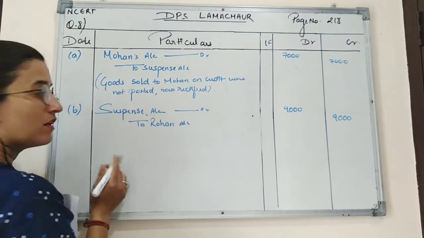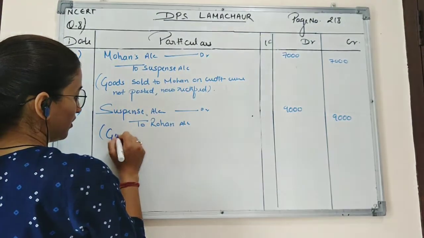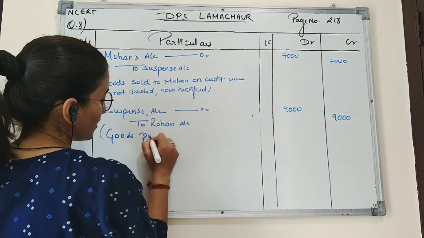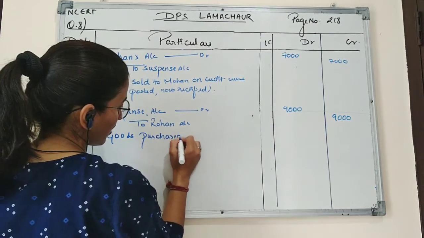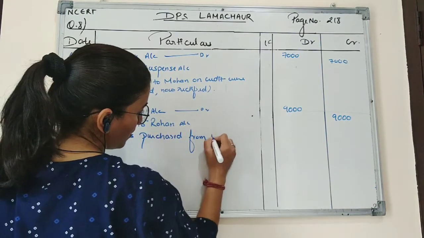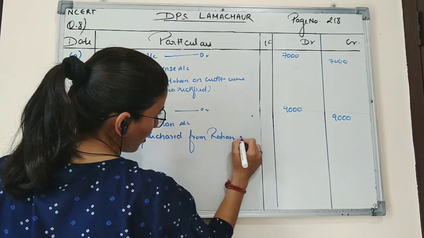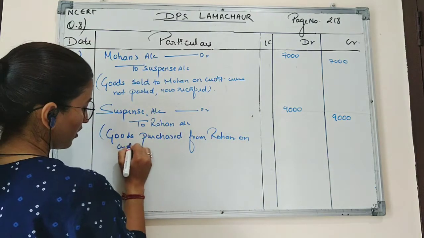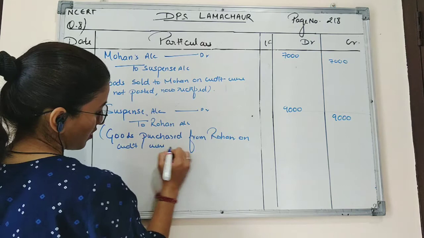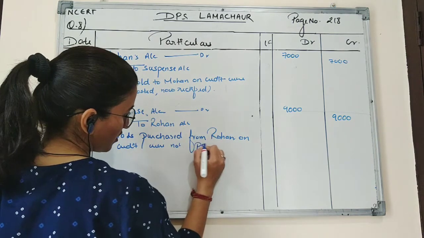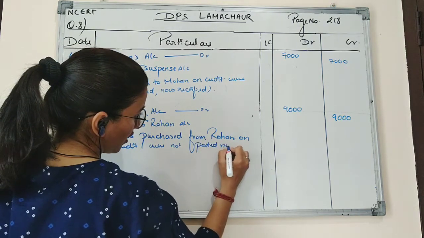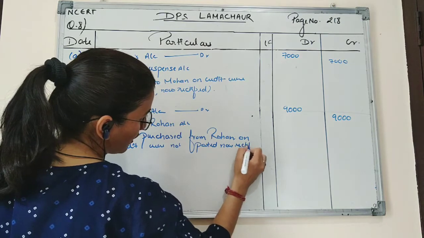Narration for this entry will be goods purchased from Rohan on credit were not posted, now rectified.